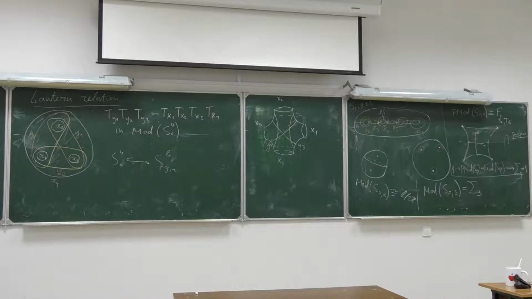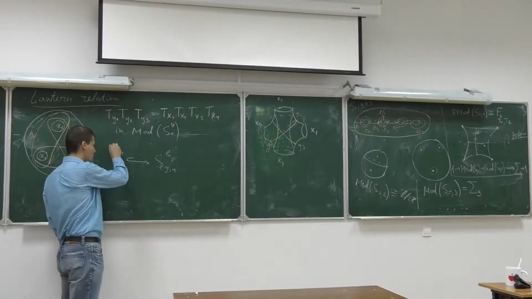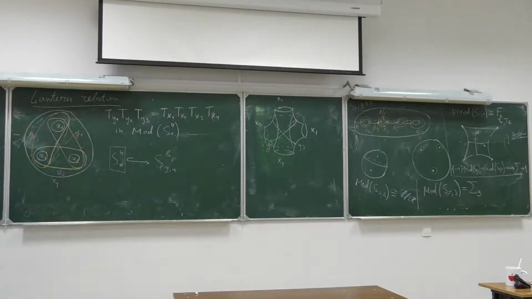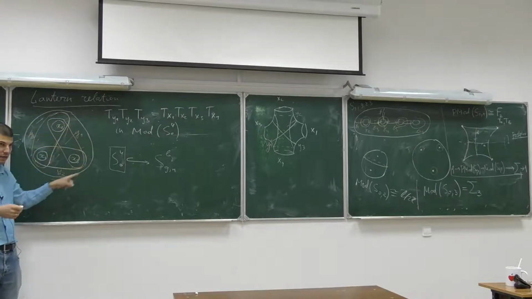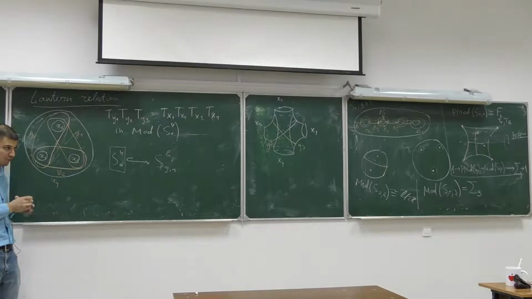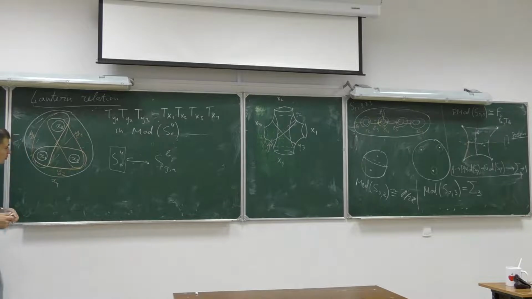How to prove relations like that? First, note that it is sufficient to prove this relation in this particular situation, when our surface is this sphere with 4 disks removed. In this particular situation, we may apply Alexander's method again.